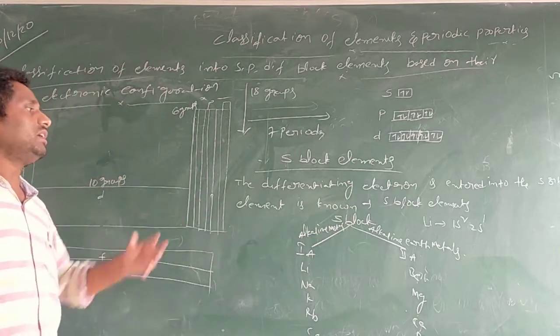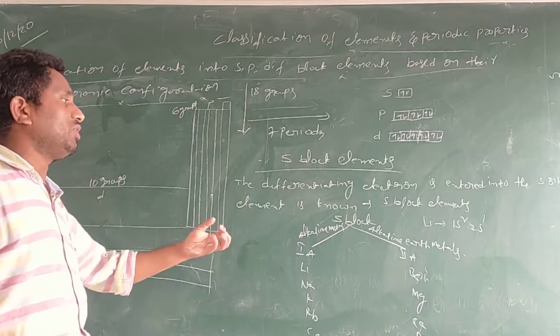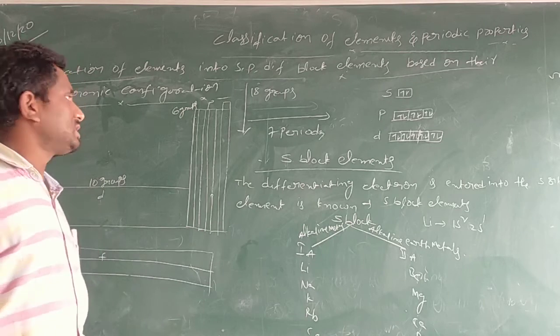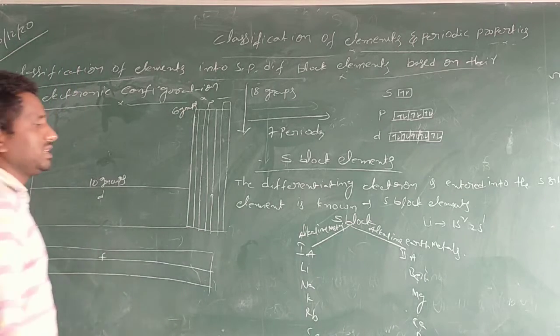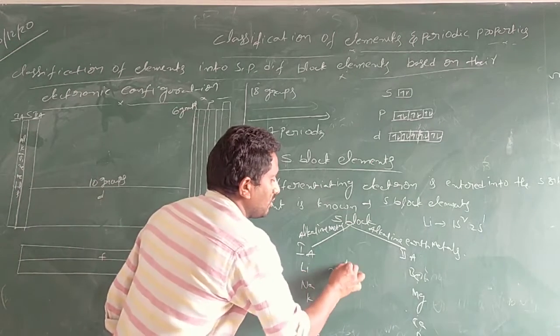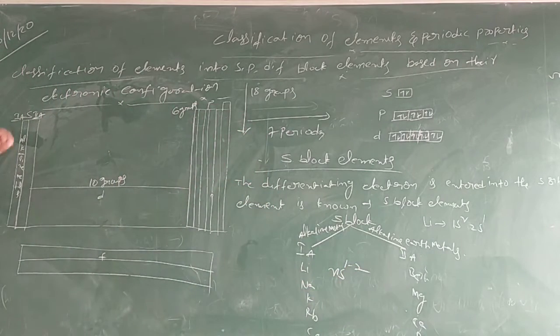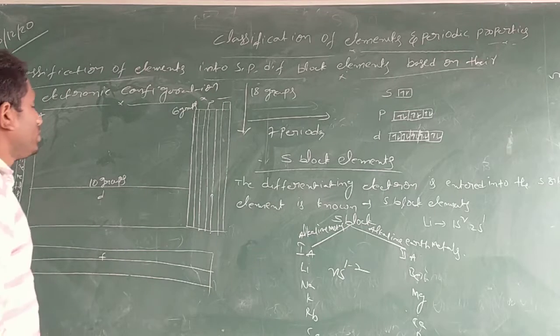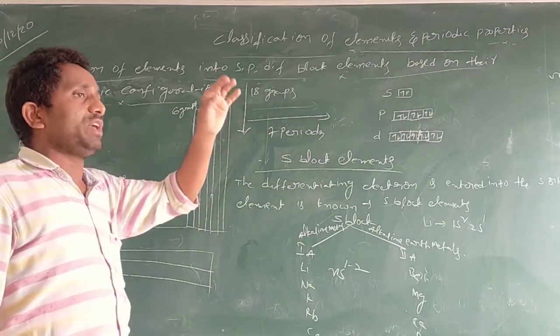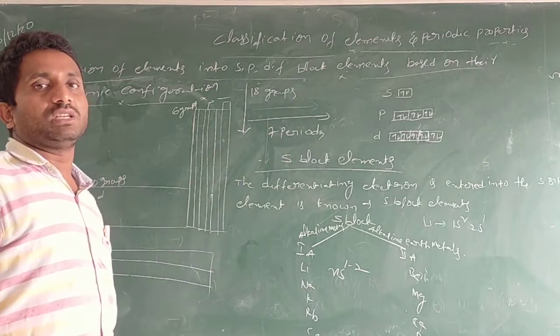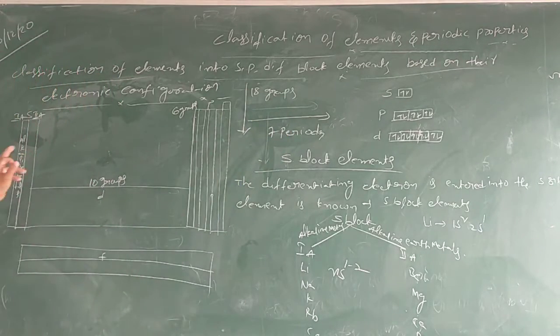So these are the electrons. What is the electronic configuration of S block elements? The valence electronic configuration is ns1, ns2. For the first group elements, the last electron enters the s orbital. The last electron is entered into ns1.